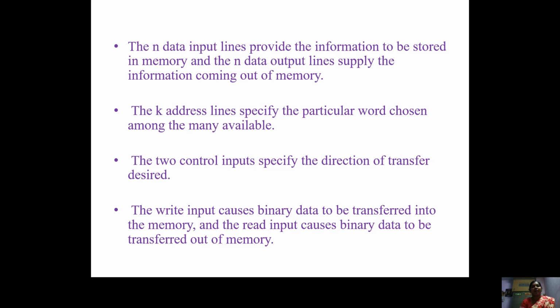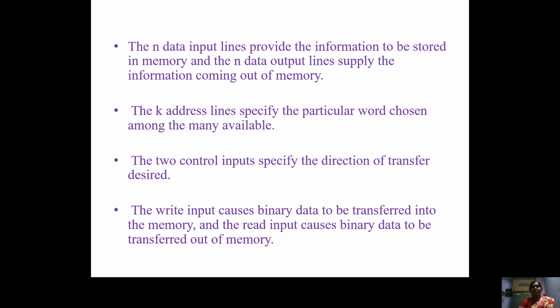The k address lines specify the particular word chosen among the many available, since we have many addresses, so this specifies only that particular address where we need to write or read.